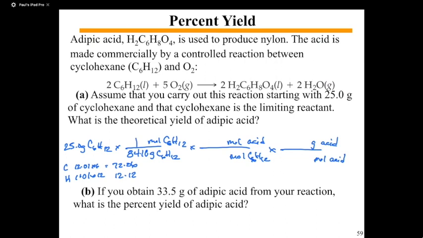Going from the balanced equation, I take two of these to produce two of those. Okay, I have 10 hydrogens total times 1.01, so hydrogen is 10.10. I have 6 carbons, that's 72.06.